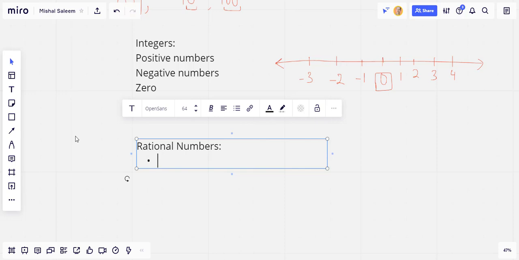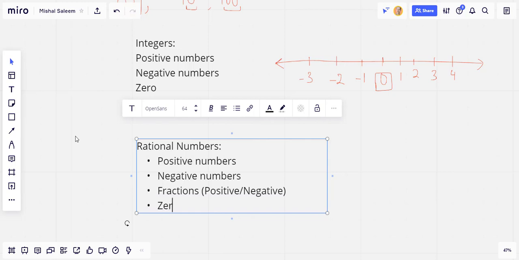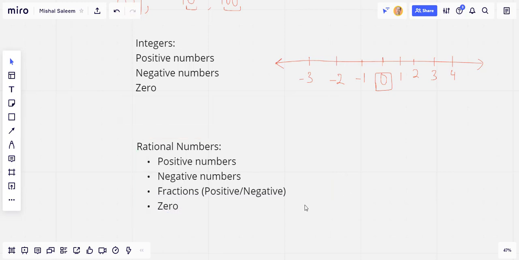So rational numbers, we can simply say, are all positive numbers. You have seen positive numbers in natural numbers. All negative numbers, you have seen negative numbers in integers as well. And then all fractions. A fraction can be positive or negative. And obviously a 0. They are all called rational numbers.